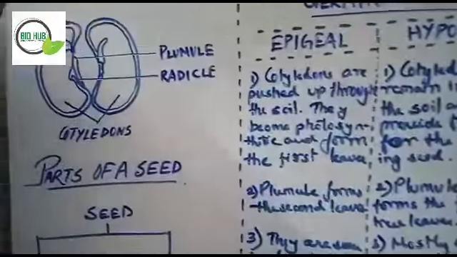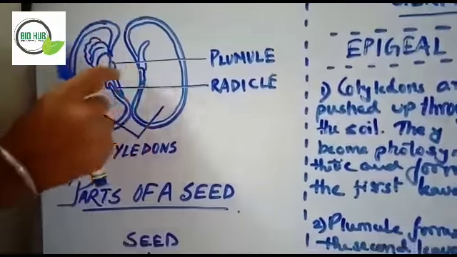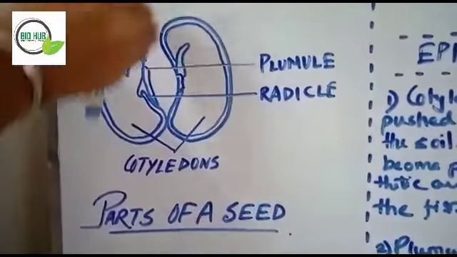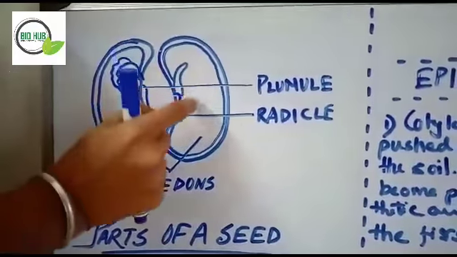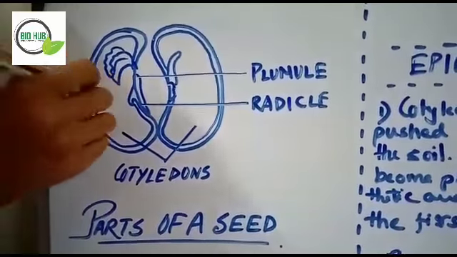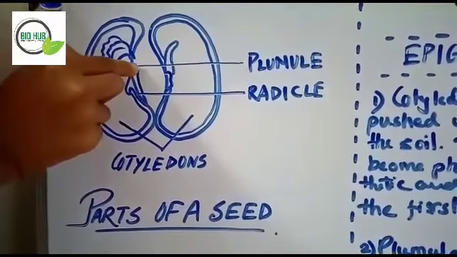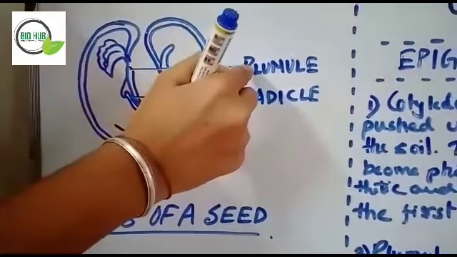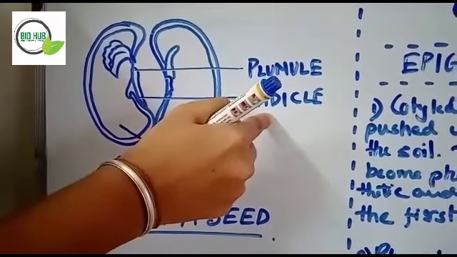As you can see, I have drawn the diagram of the seed. If you divide the seed into two parts, you can see this is one part and this is another part. Now see, this part of the seed is called the plumule and this part is called the radicle.